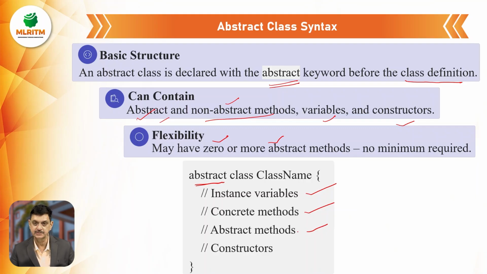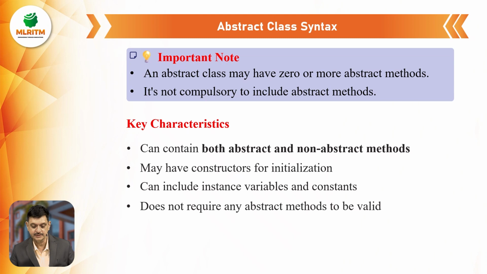That body has to be defined in the child classes. Then it can contain the required number of constructors. So in this abstract class syntax, as we declared previously, the abstract class may have zero or more abstract methods.